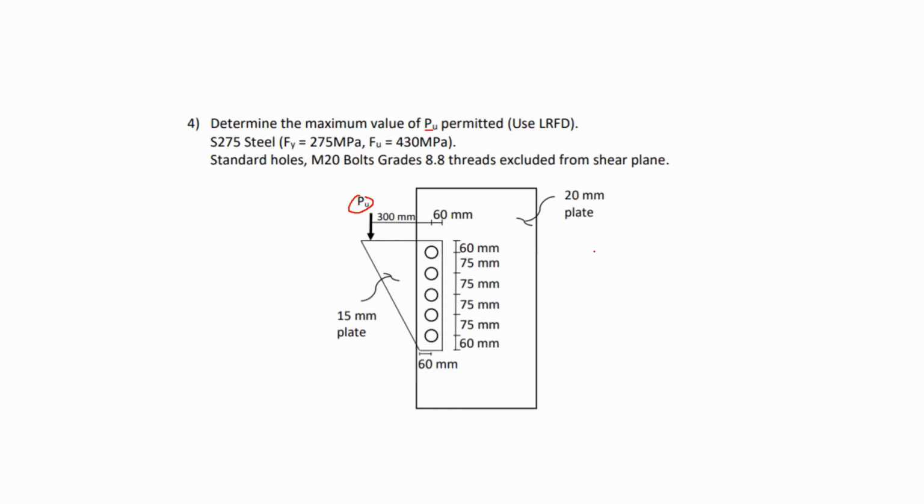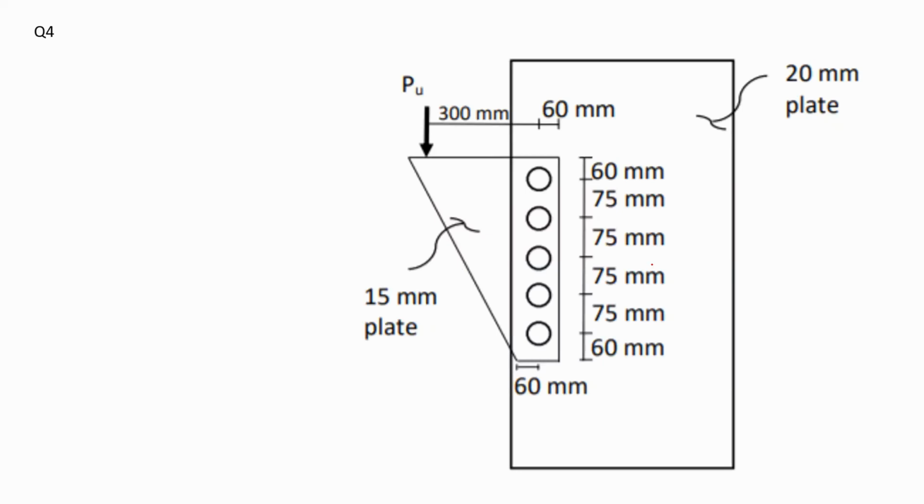So first things first, we have to understand the forces on our bolts. We have to find the forces on each of the bolts that we have in here. Now, if you think about it, what would be the effect of PU on all of the bolts that I have in here? First of all, since we have a PU, there will be a shear force in the Y direction.